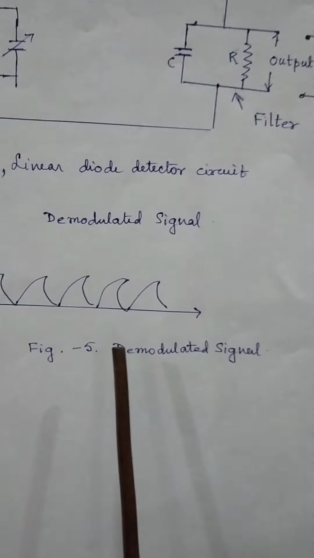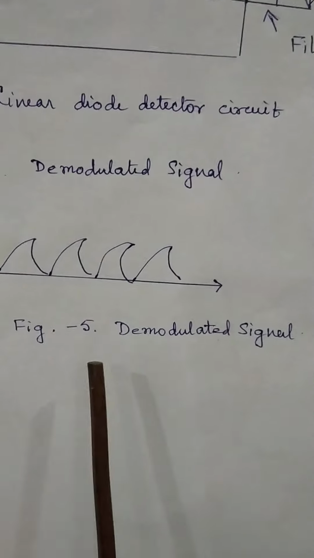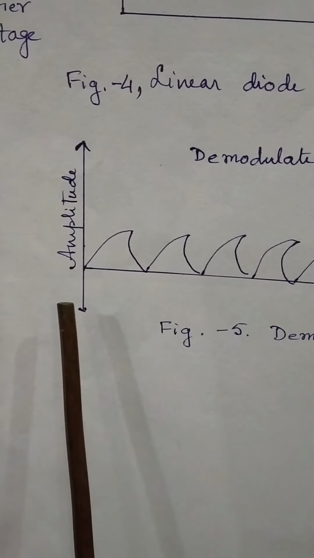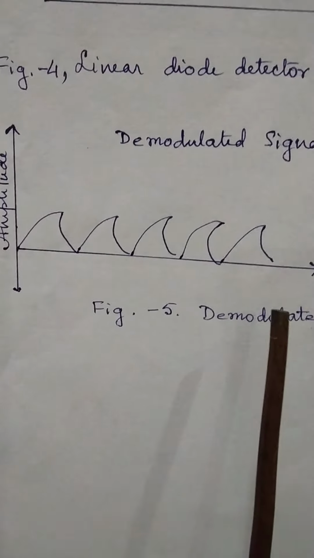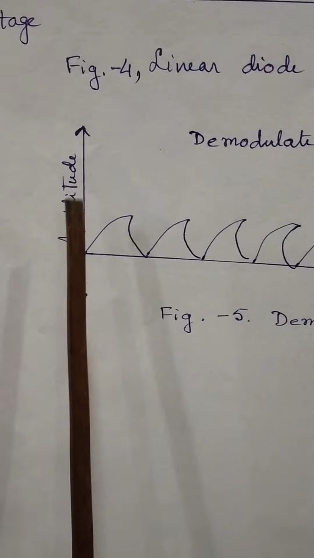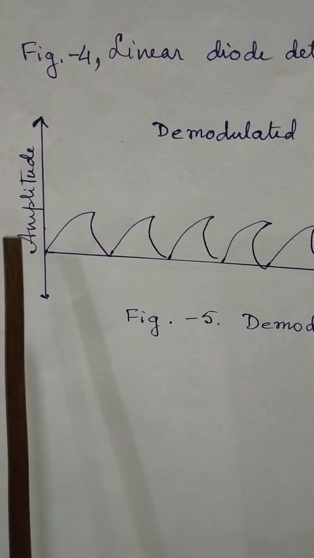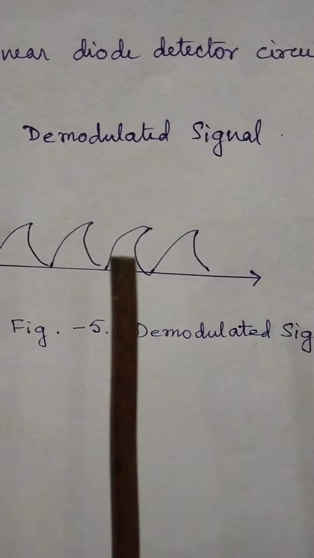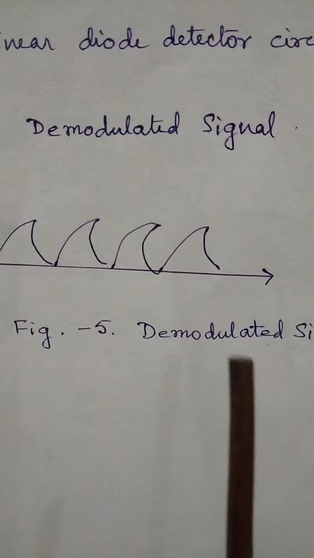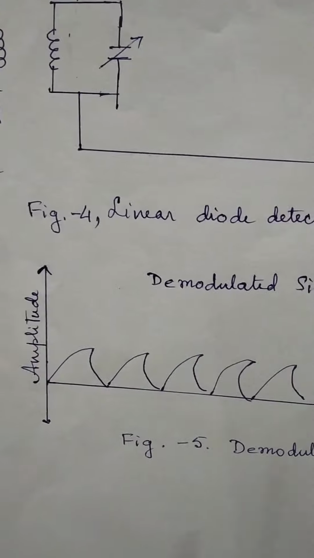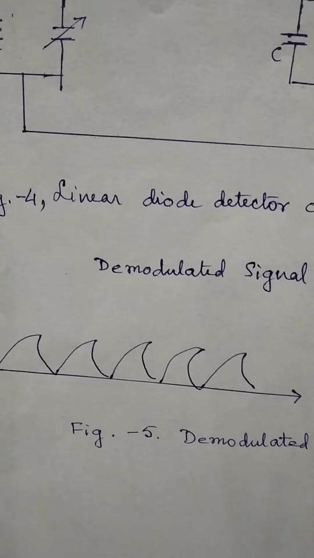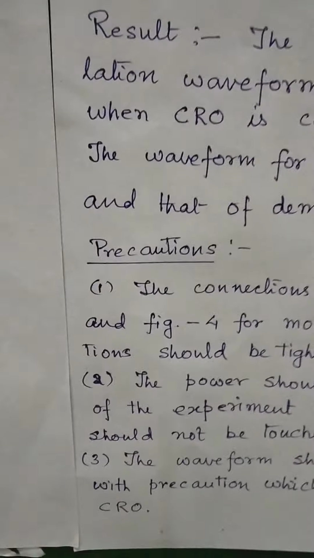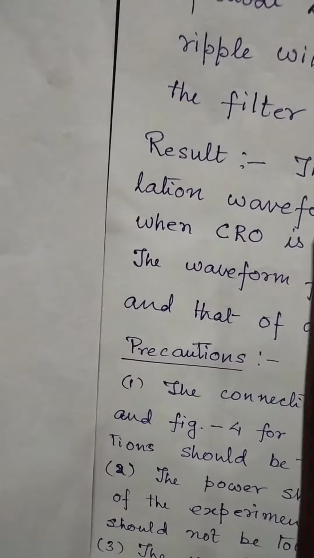Figure 5 shows the demodulated signal, the output signal we receive. Along the y-axis we have taken the amplitude and along the x-axis it varies with time. This is the demodulated signal we get. Now this is the result.